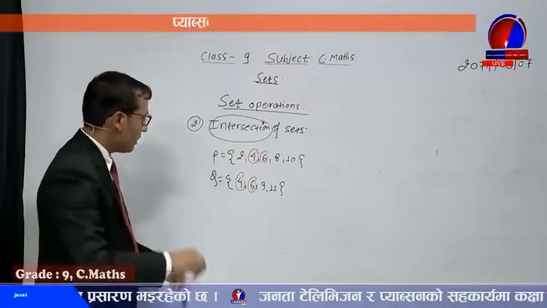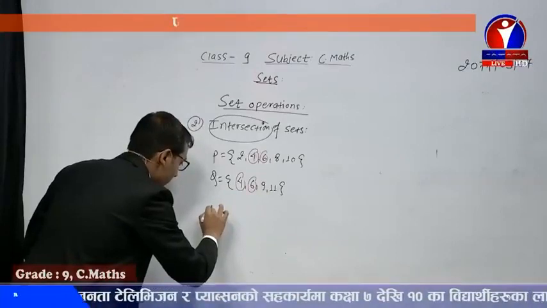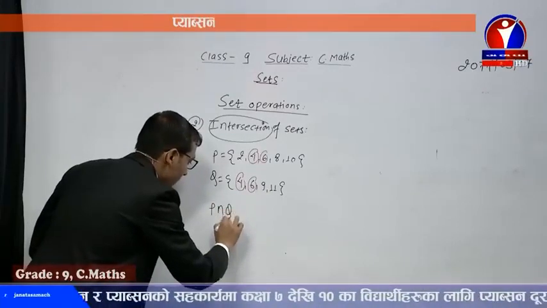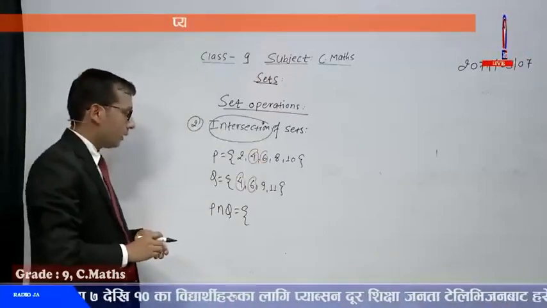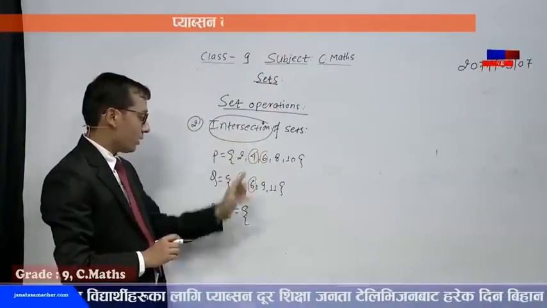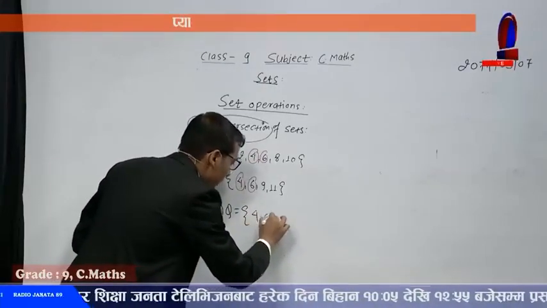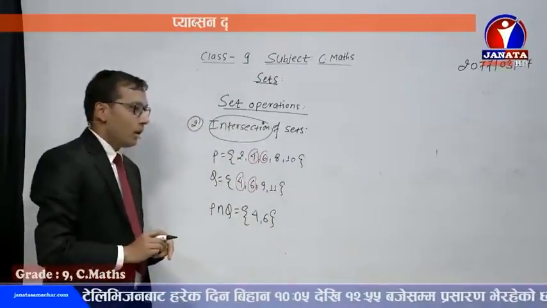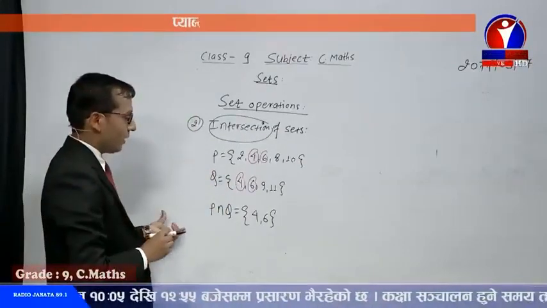We denote intersection by P intersection Q. What are the common elements? 4 and 6 are the two elements which are common.